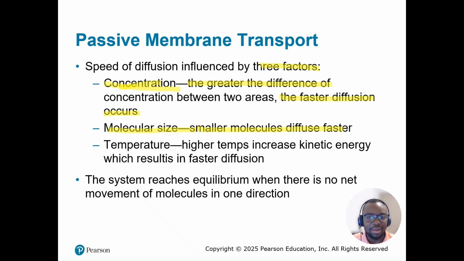Smaller molecules diffuse faster than larger molecules, and that's because they have greater kinetic energy than larger molecules. The third is temperature. Higher temperatures increase kinetic energy, which results in faster diffusion rates. The system reaches equilibrium when there is no net movement of molecules in one direction.